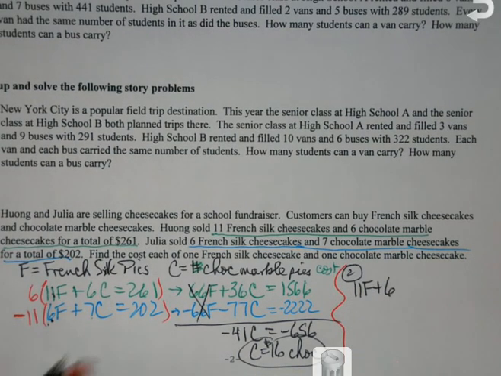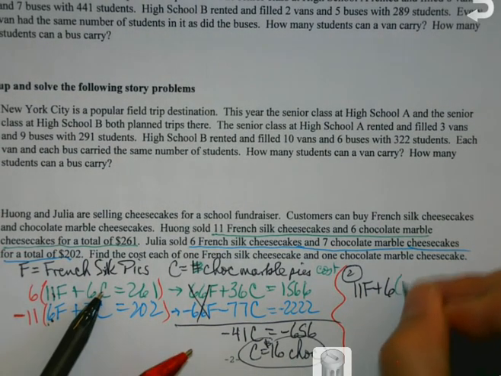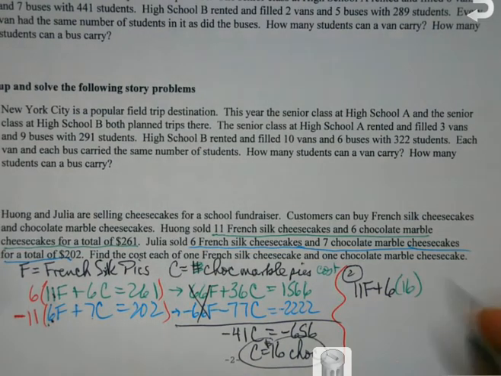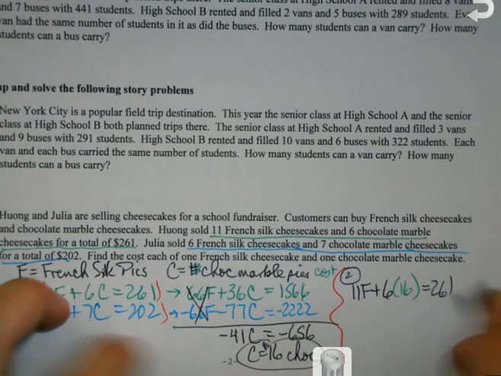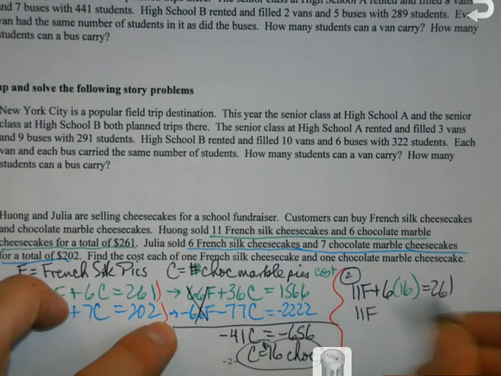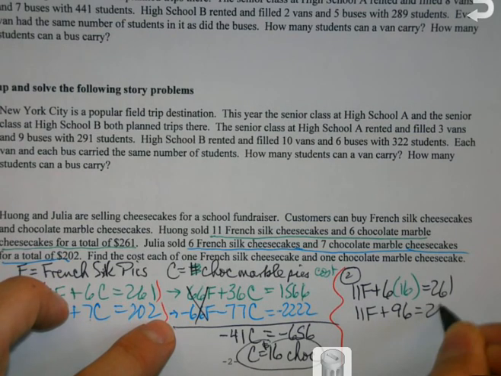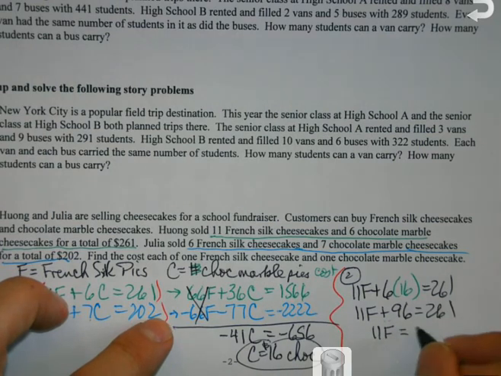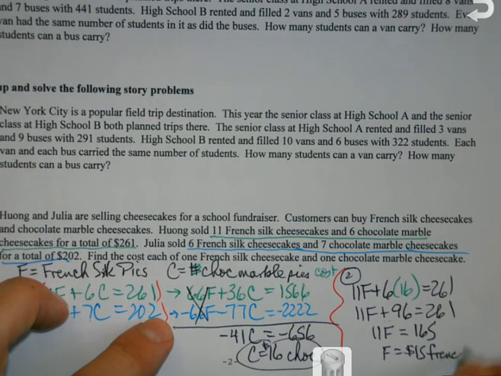Ooh, I know what C is though. It's 16. I know how much a chocolate one costs. So 11F, 6 times 16 is 96. Subtract that 96 over, which would be 165, and divide by 11. And I know how much the French silks cost.